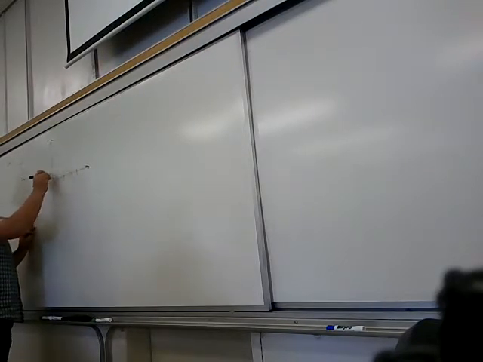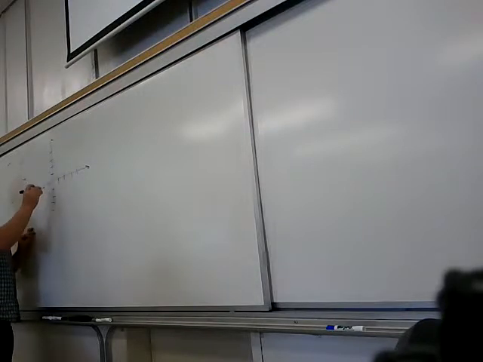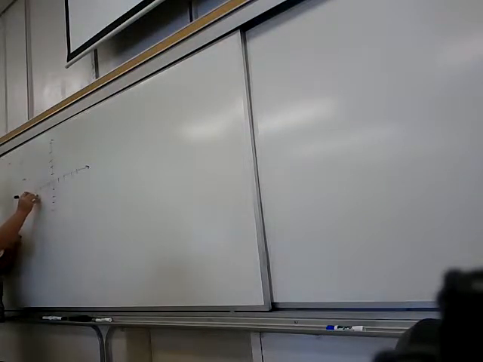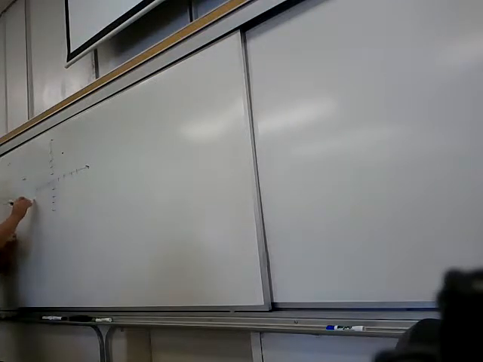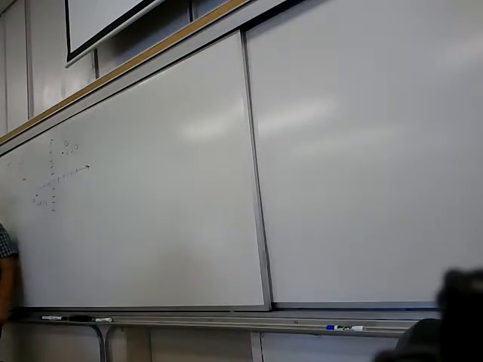If I have 2 points, let's say I have a point here, and I have a point right there. So this is the point P, the point Q. This is -4, -1. This is 2, 3.